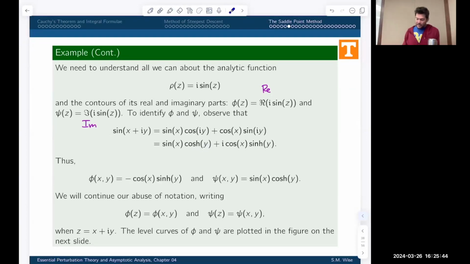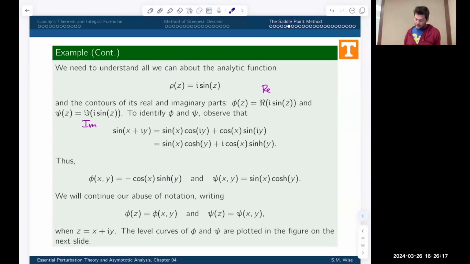So now just multiply this function by i. That means I multiply by i here, and this will be i squared. That tells us exactly what the real and imaginary parts should be. In particular, the real part of phi is just minus cosine x sinh y, because I'm hitting this term with an i.